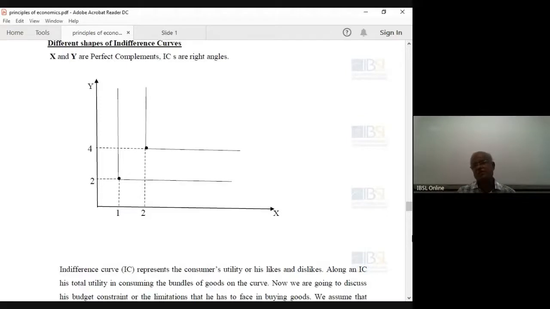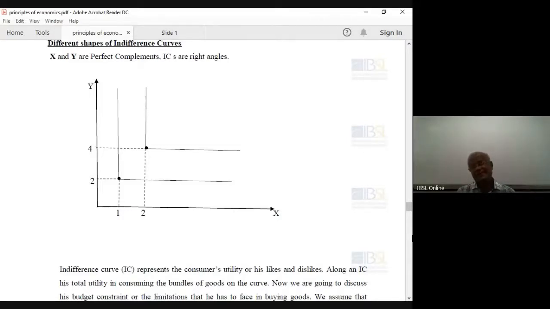The first approach, we assume that utility or satisfaction can be measured, a cardinal measure of utility. The consumer can assign numbers to his level of satisfaction: first orange, second orange, third orange, he can assign numbers. Based on that cardinal approach to utility, economists explain this model.